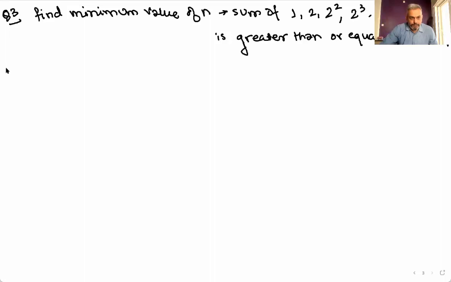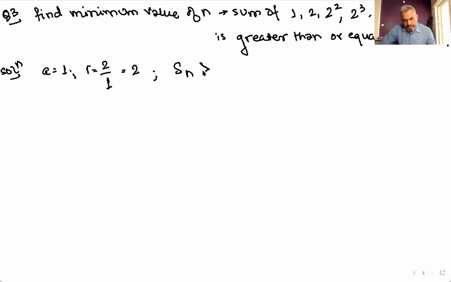Now, solution: A is equal to 1, R is equal to T2 upon T1, 2 upon 1, which is equal to 2. Now, the sum of these terms is greater than or equal to 2000. So Sn is equal to a into r raised to n minus 1 upon r minus 1.